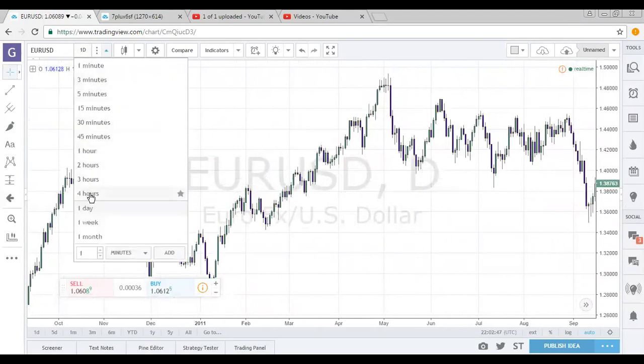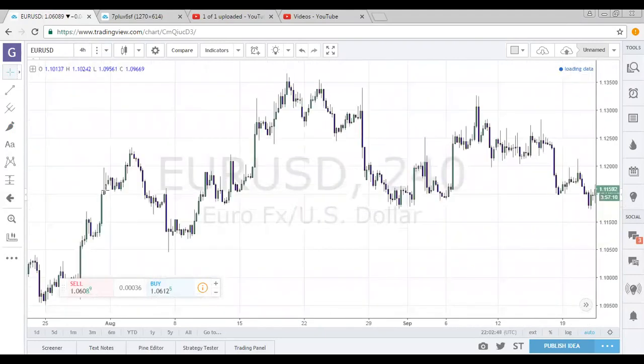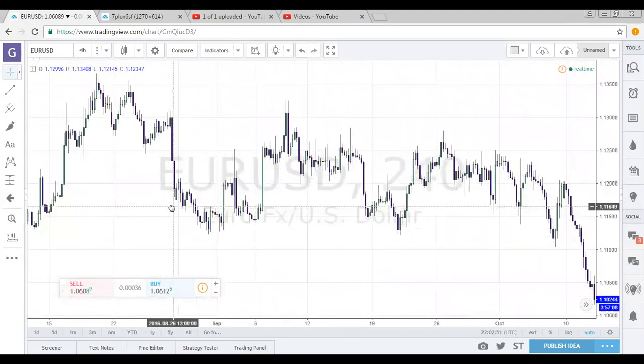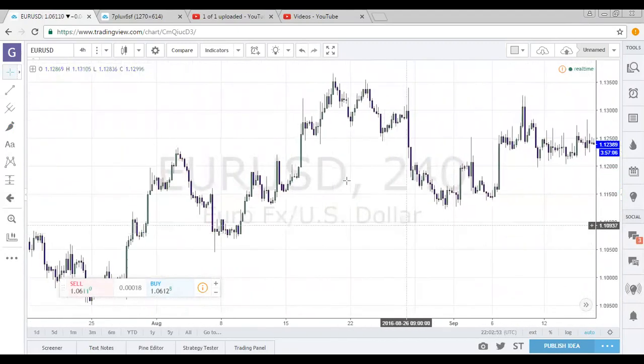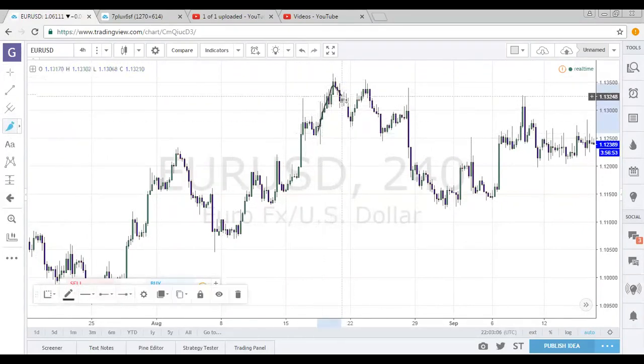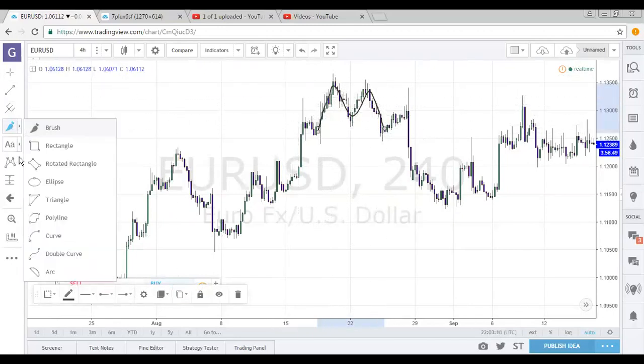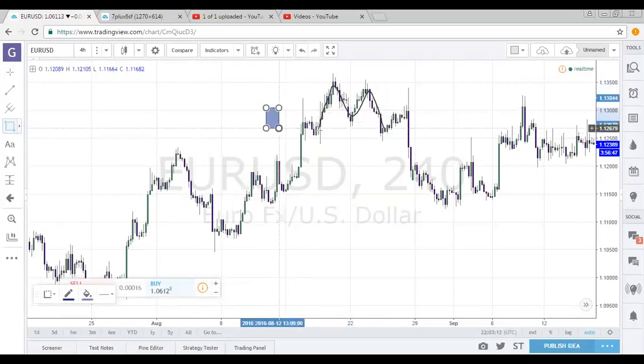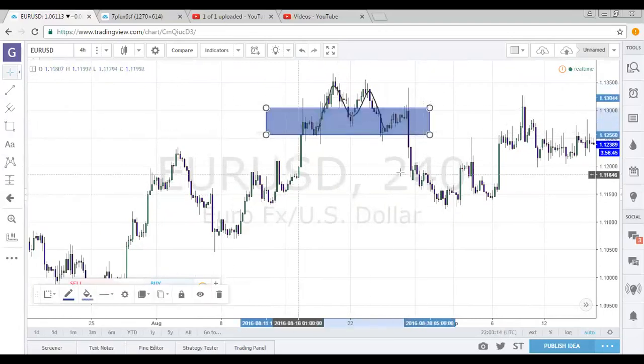Before, I remember the 4 hour having some good things. Oh, okay. I use this in one of my examples. Summit, you see this? It's like a double top M. Look at that, double top M, but it also has the head and the shoulders.